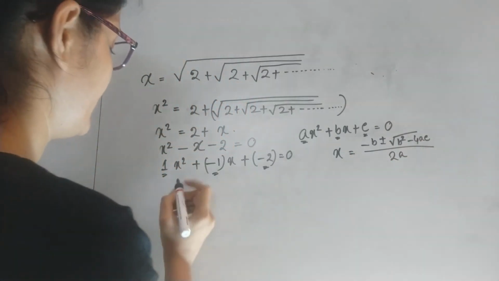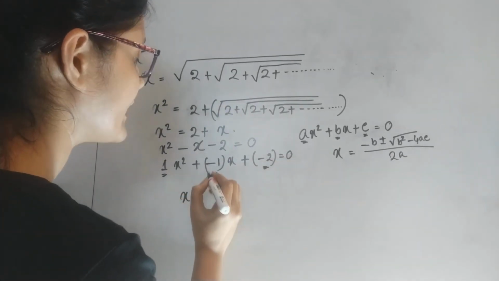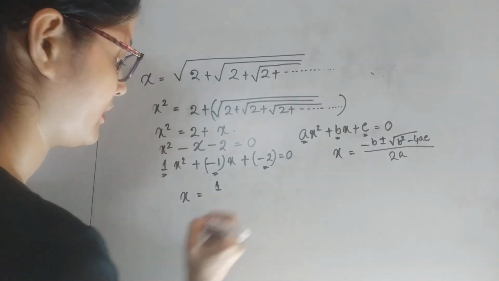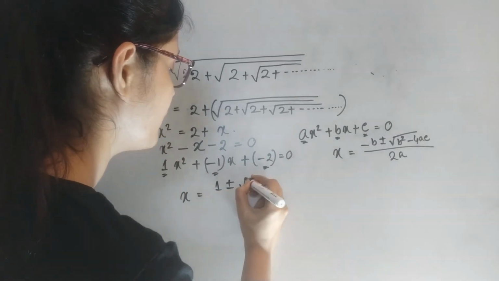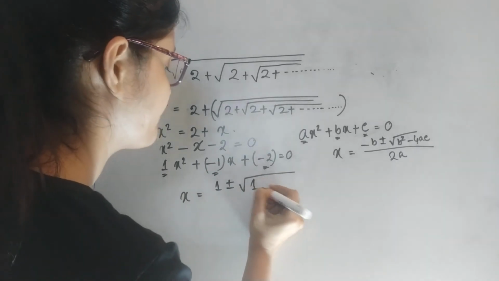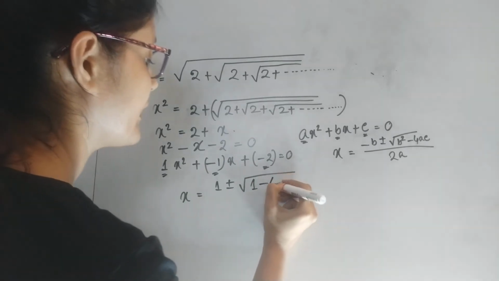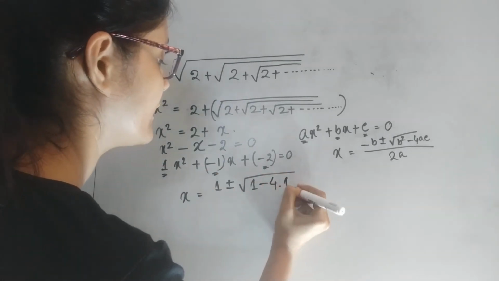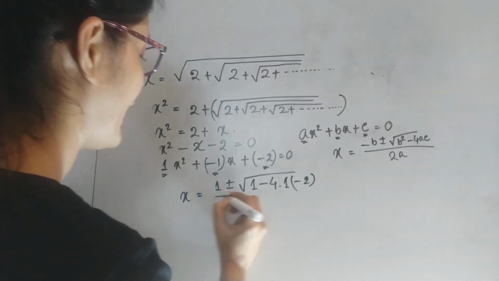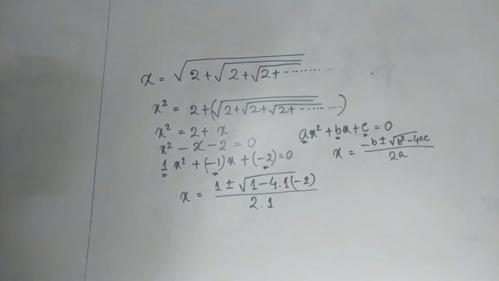So here x is equal to minus b, that is minus of -1, that is plus 1, plus minus root over of b square, that is 1, minus 4a, a means 1, c means -2, okay, by 2 into a, that is 2 into 1.